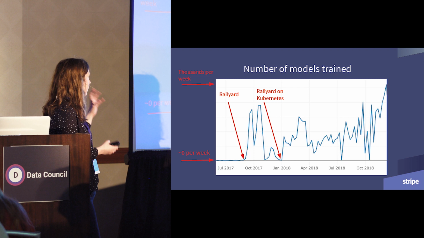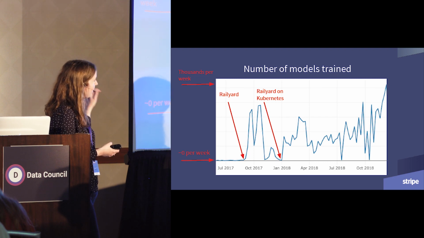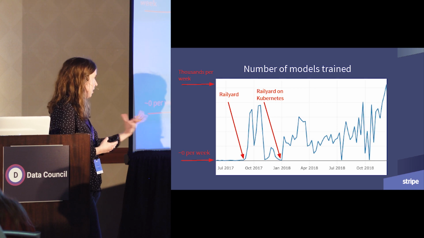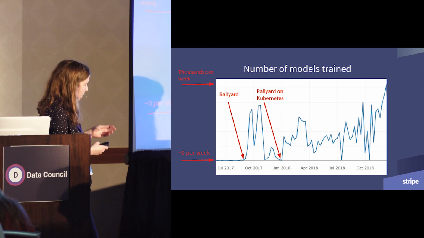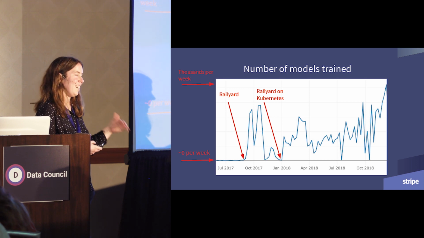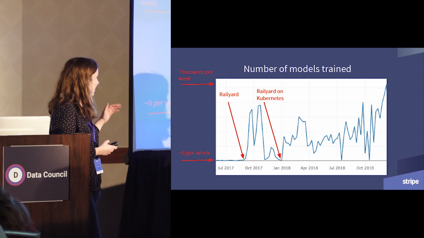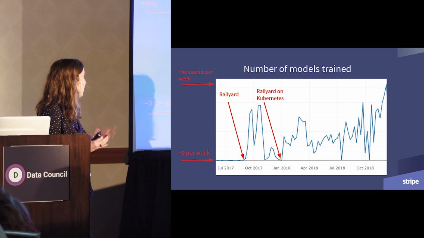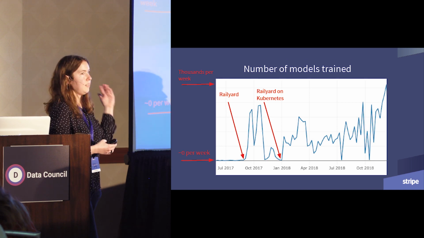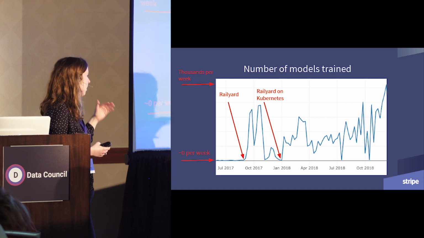And this, I think, is an interesting slide to show the impact of all of this on the end users, our ML developers at Stripe, where for a long time, we did not train very many models per week because people were just doing it by hand. And it was a lot of work. And then as we gave people an API and people started automating things, we started seeing these spikes where suddenly there were a lot more models trained.